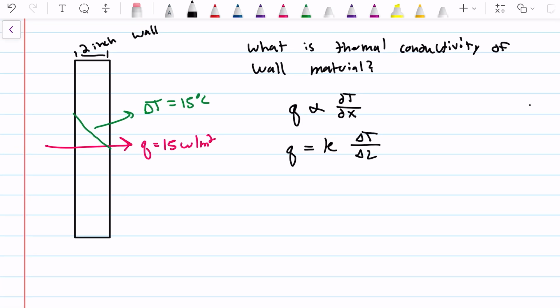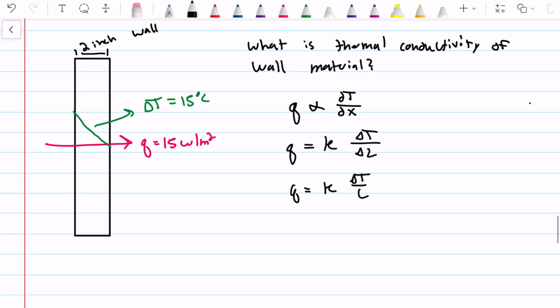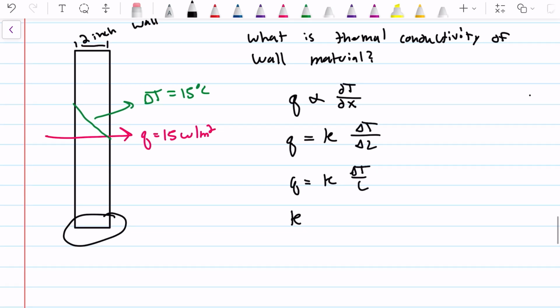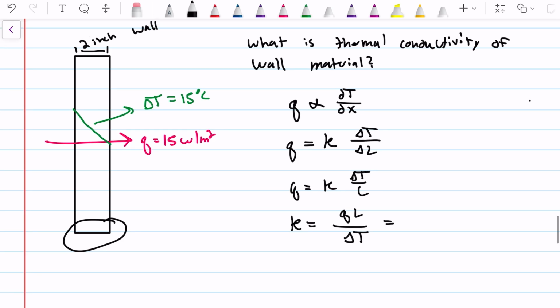Okay, and so here we can just rewrite this as K delta T over L, because the change in length here is just the length. And if we want to solve for K, this becomes K equals QL over delta T. Let's go into SI units.